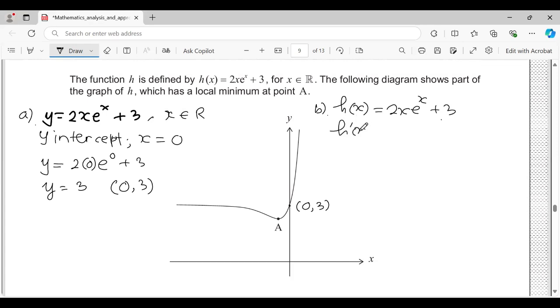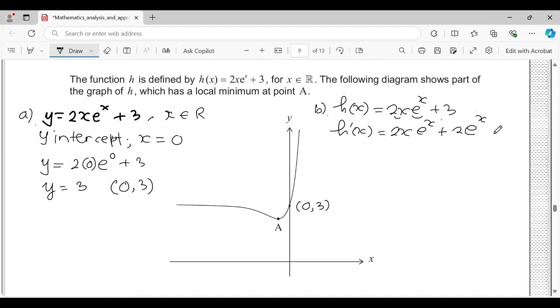So the first derivative of h(x) becomes, if this is u and this is v, it's going to be u v'. 2x, the differential of e^x is still e power x, and after that plus the differential of 2x, which is 2 e power x, plus 0.